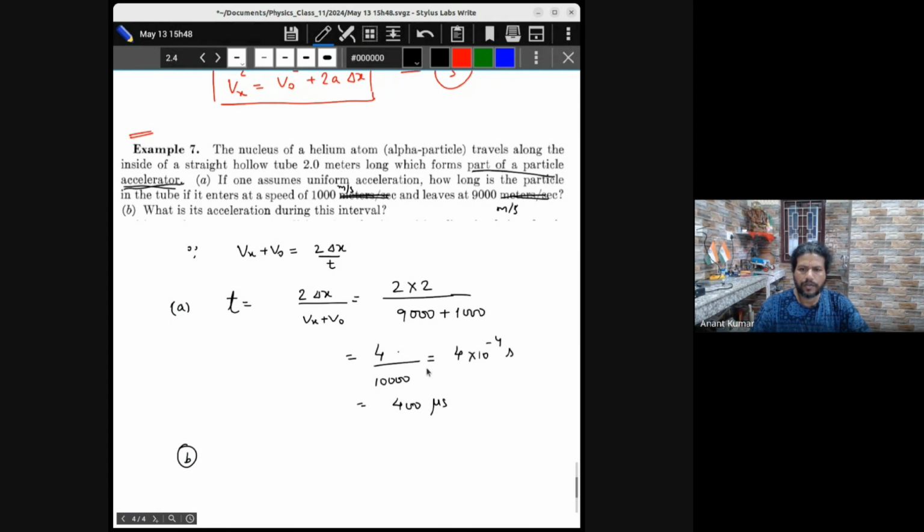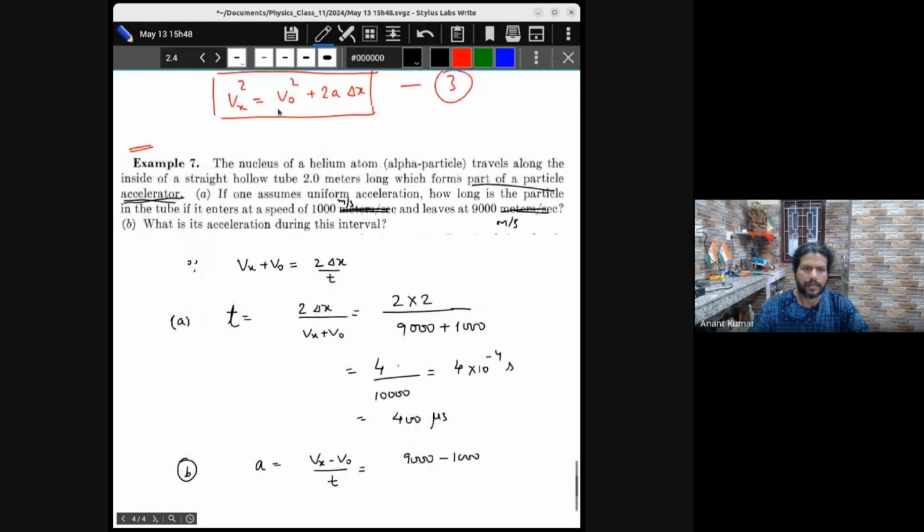Use the first equation, V equal to U plus AT, or Vx equal to V naught plus AT. Finally, the acceleration is Vx minus V naught by the time interval. That gives us, in this case, 9,000 minus 1,000. You could also utilize the original data: you could have obtained the acceleration using Vx square equal to V naught square plus 2a delta.